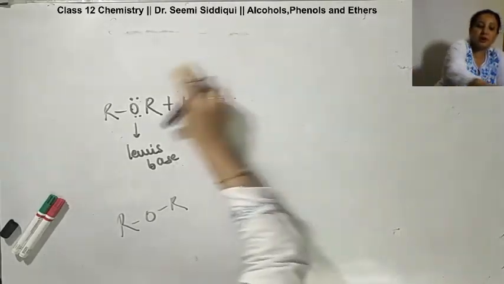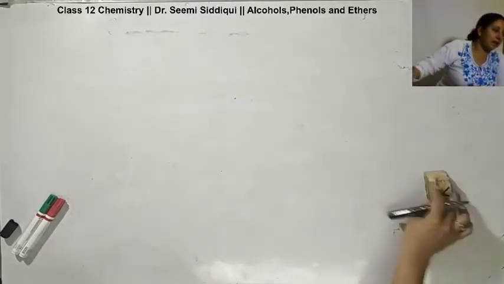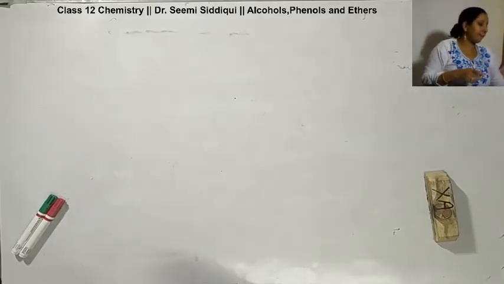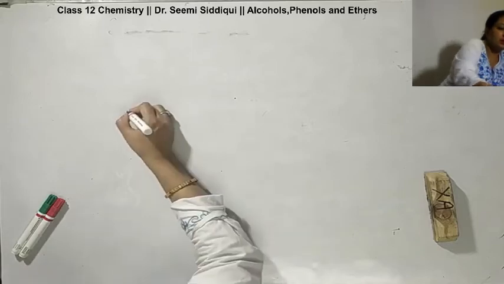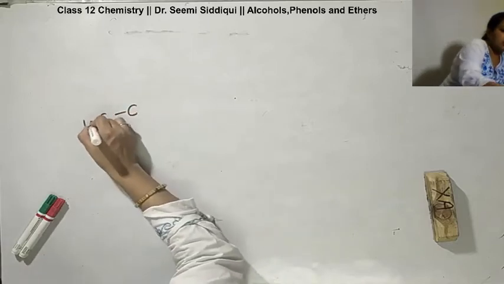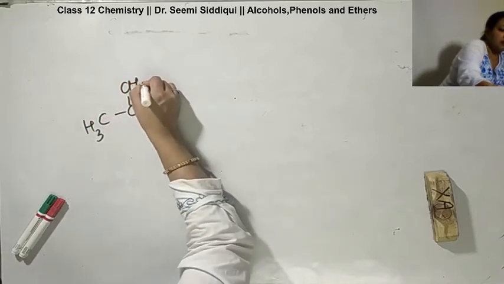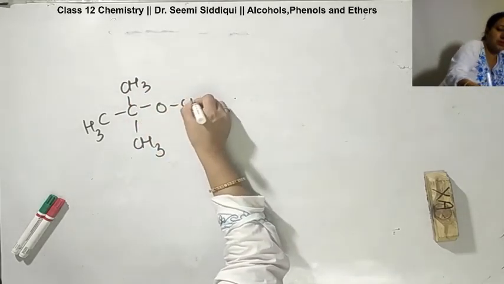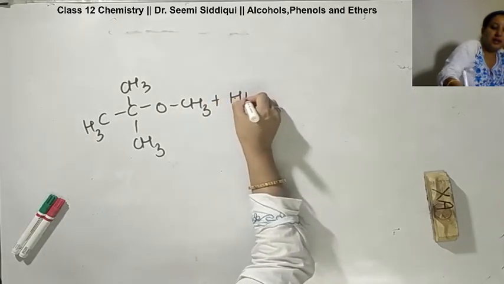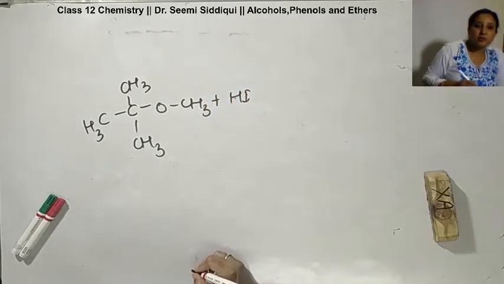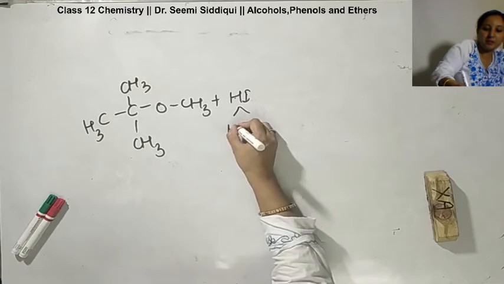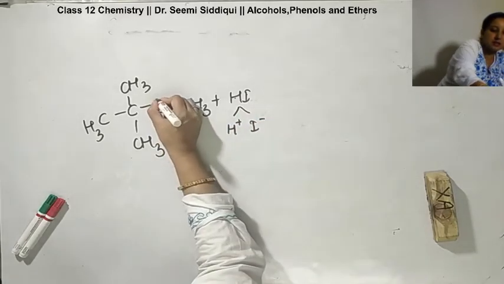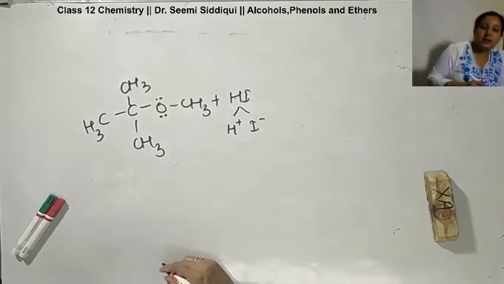Say suppose you are going to have the hydrogen halide. Suppose I have a group here, CH3, CH3, CH3 and OCH3, which I treated with HI. So what is going to happen? HI means H positive and I negative, and the oxygen has lone pairs, isn't it?